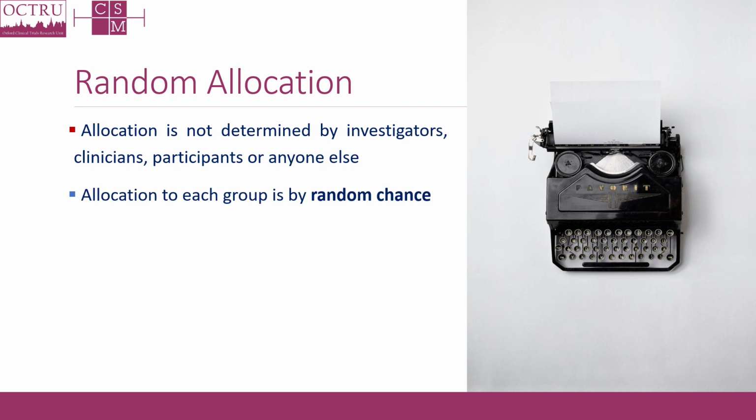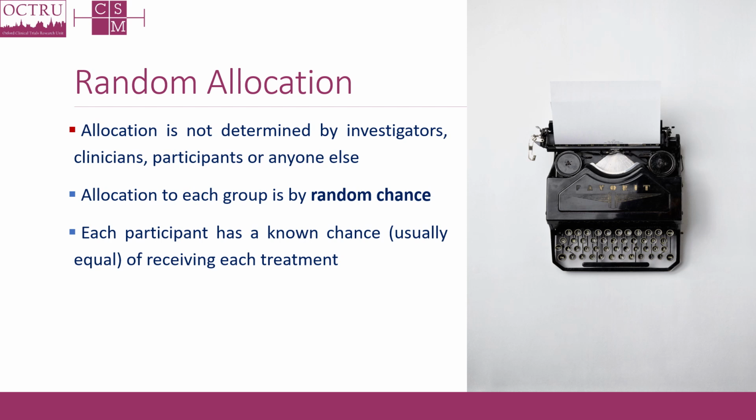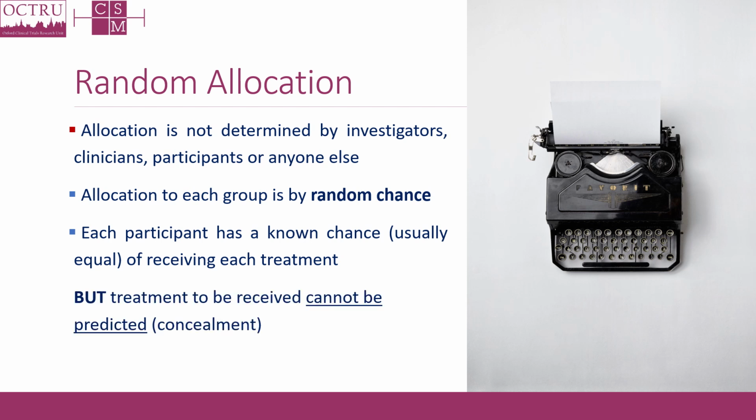It is an allocation to each group by random chance, and each participant has a known chance, usually an equal chance, of receiving each treatment, something that we refer to as one-to-one randomization. Treatment received, however, cannot be predicted, and this is what we mean when we say concealment.